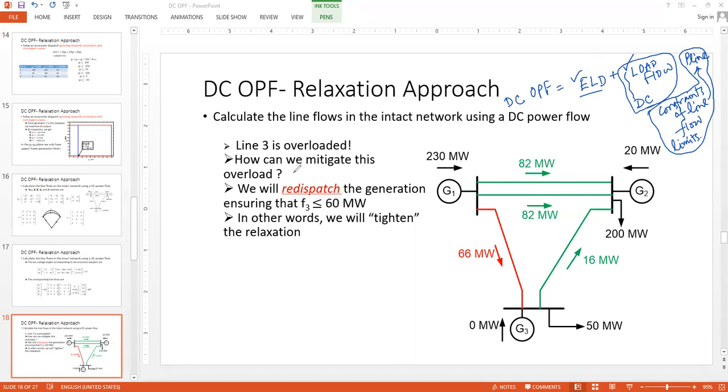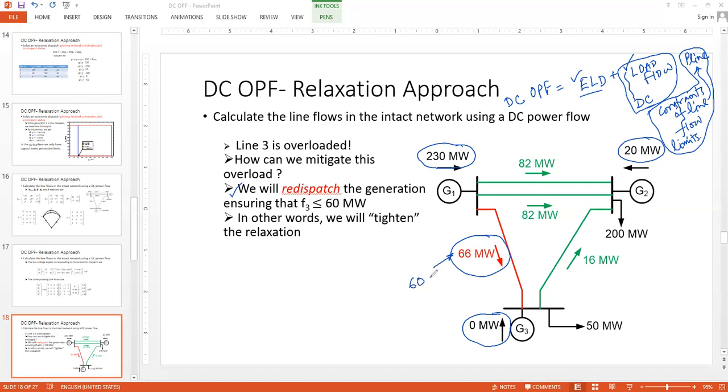So what we said at the ending part of the lecture is that in today's lecture, we will see how we are going to update the values of injection at these points. We will do this keeping in mind that this flow, which is beyond the maximum limit, has to be taken exactly equal to the maximum limit.